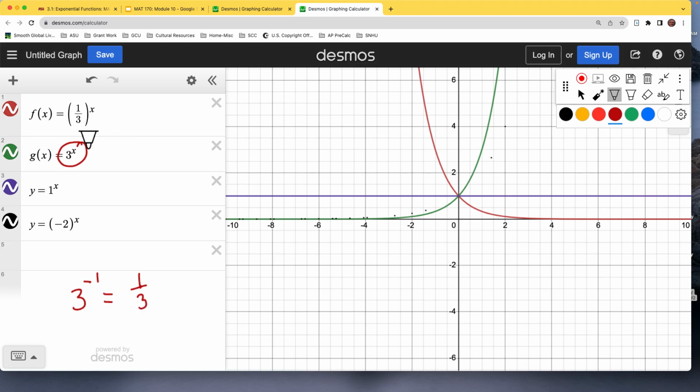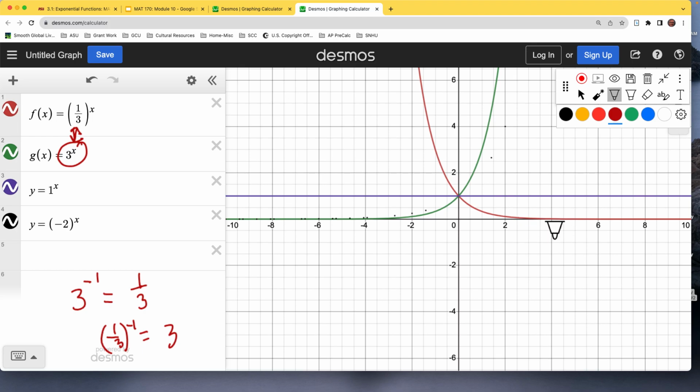So we see that these two functions are related to each other. And if I had 1/3 to the -1, what would I get? The reciprocal, 3. So in fact, the negative side is really a reflection of the positive side.